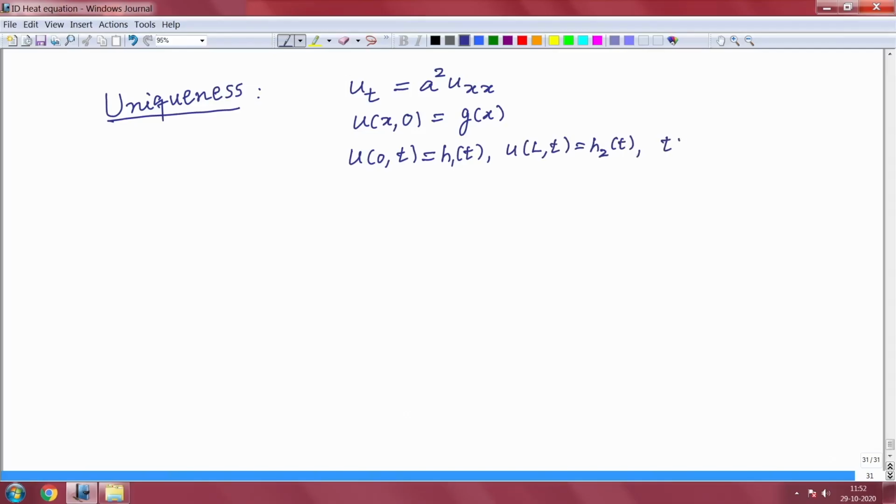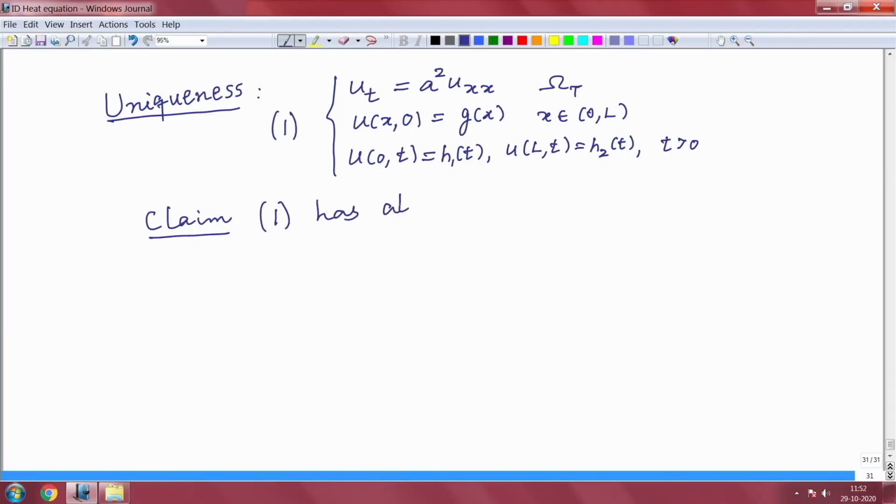So, t positive, x is in the interval (0,L), and this is in omega t. Okay. So, claim is one has at most one solution.